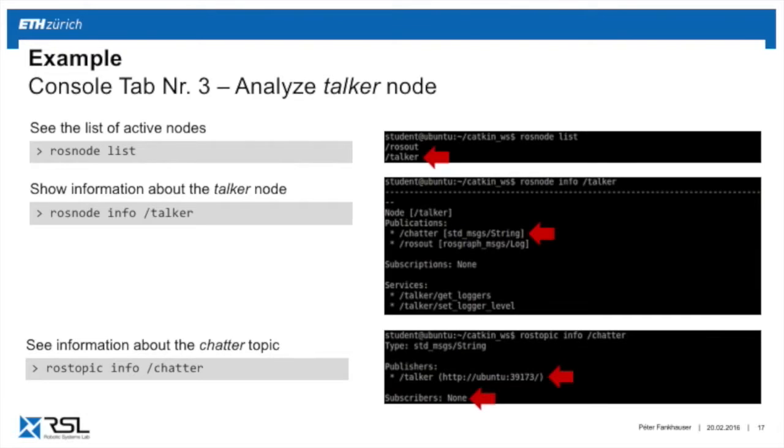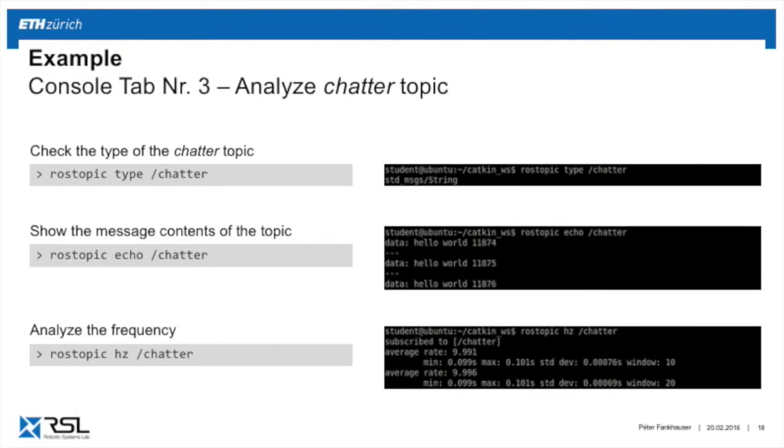So we have started the roscore. We opened up the talker node and we looked at the node. We analyzed it. Now we can look more closely at the chatter topic which your talker is publishing. You can do this with rostopic type and then the chatter topic, which tells you that this topic is of type std_msgs/String.